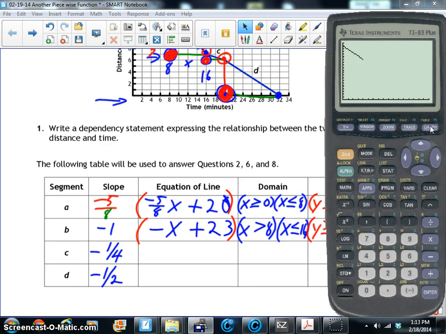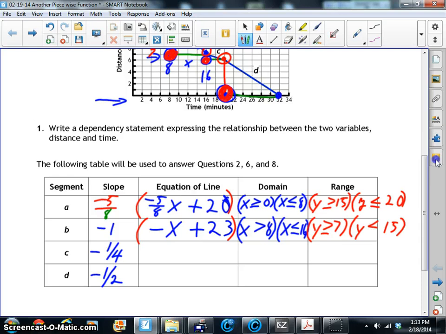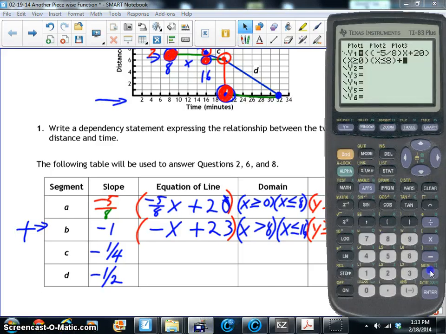Now, if I want to go ahead and put in B now, I have to do this. I'm going to go to the end of our particular thing, and I'm going to be adding this new function in with the old function. So that way we put everything together. So plus, open parentheses, negative x plus 23. Now I'm going to put in my domain restriction.